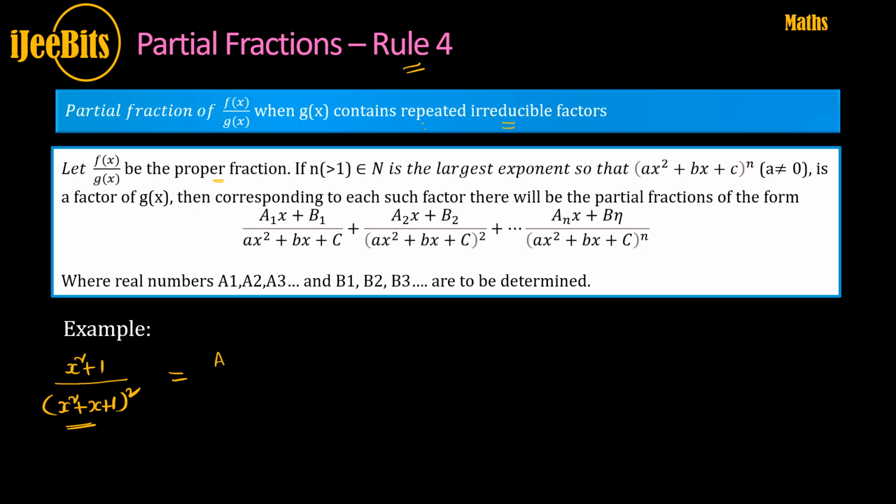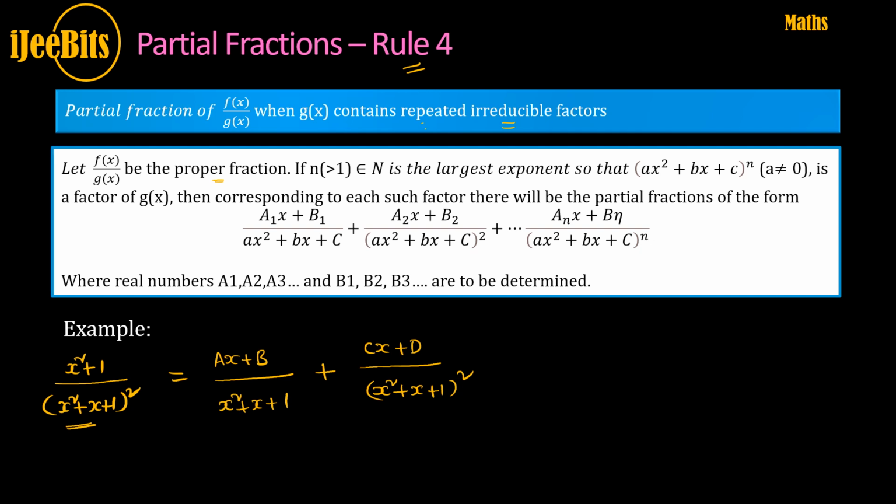Let's say ax plus b divided by x square plus x plus 1. This is the first iteration. Go to the next one, maybe cx plus d divided by (x square plus x plus 1) whole square, because n is equal to 2, so I have two terms.